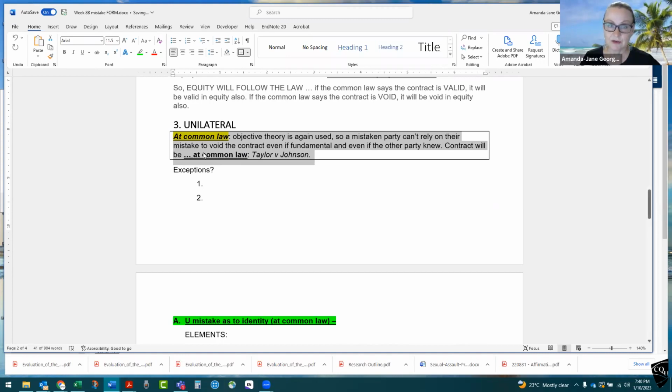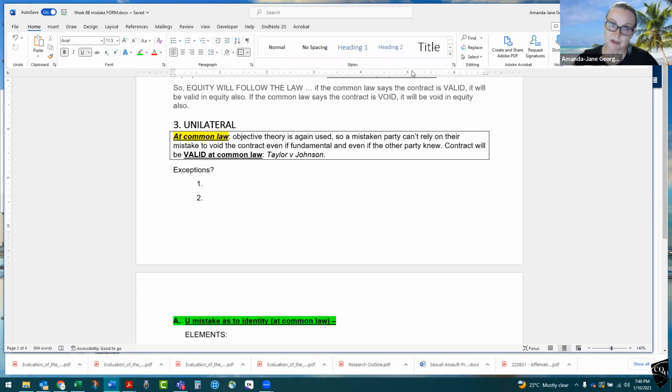Okay, so the contract will normally be valid at common law. Just because one of the parties is subjectively mistaken about something that the contract says, if the contract's clear on its terms, that's how it will be enforced.